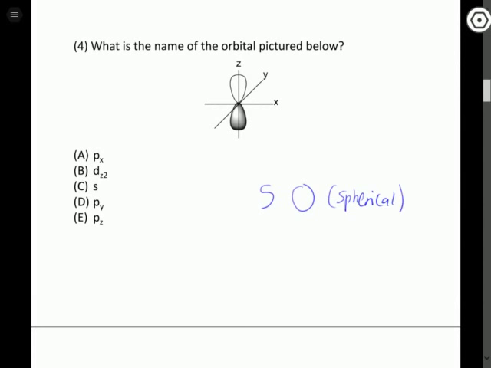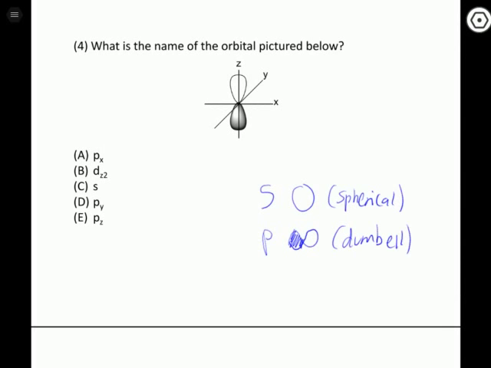Okay, so that's clearly not an S orbital. P orbitals have the dumbbell shape. A P orbital has that figure 8 shape with one positive phase and one negative phase. And then D orbitals, there's two different ones, but most of them have a 4-leaf clover shape.